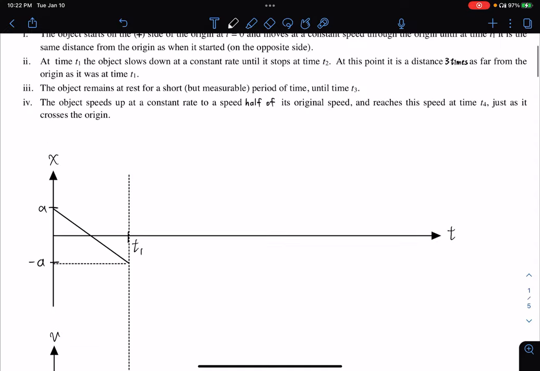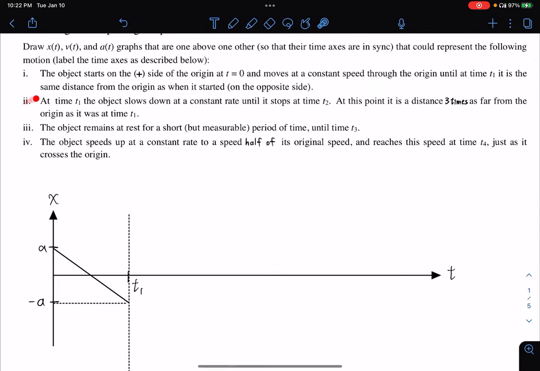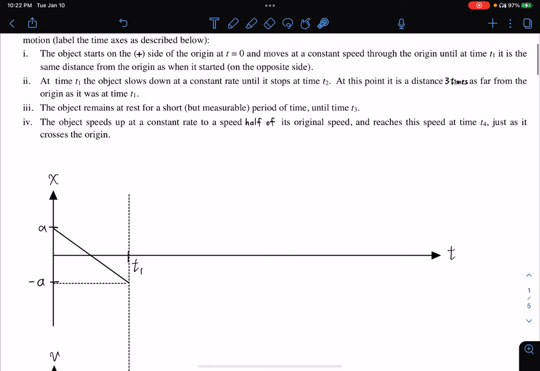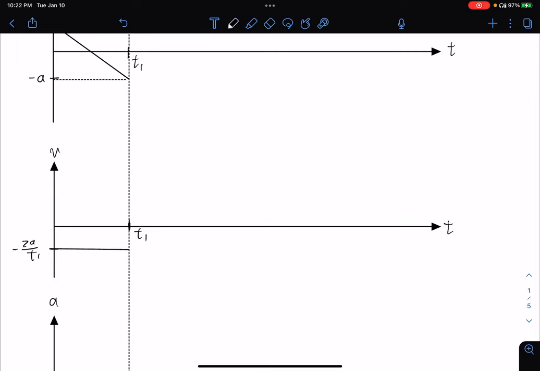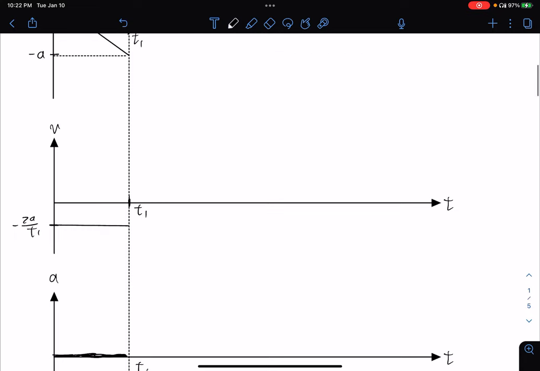Good. So let's move on to part 2. At time t1, the object slows down at a constant rate until it stops. So it's going to change the velocity at a constant rate until it reaches 0. Let's say it's here, t2, and then the velocity goes from non-zero to 0.